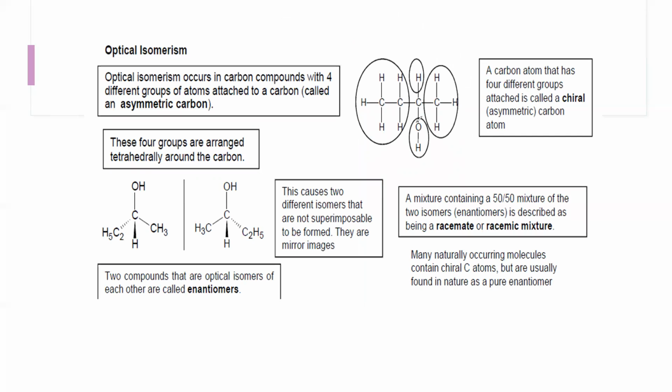For example, say you have butan-2-ol. How do you draw an optical isomer for butan-2-ol? First, you have to identify the chiral carbon.